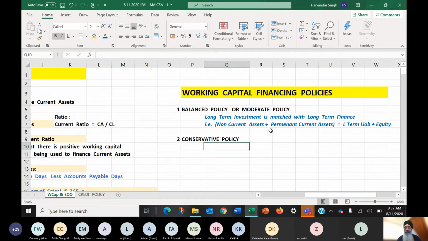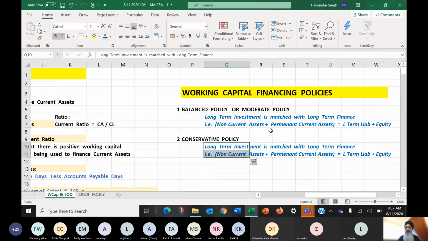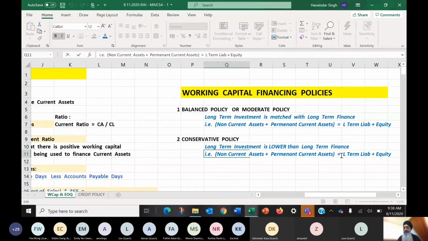In a conservative policy, long-term investment is lower than long-term finance. So non-current assets plus permanent current assets are actually less than long-term finance.